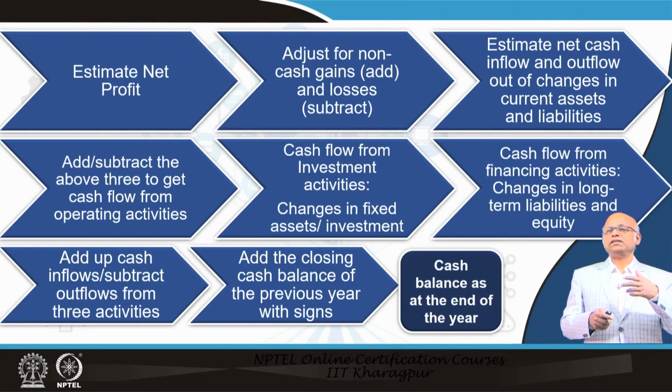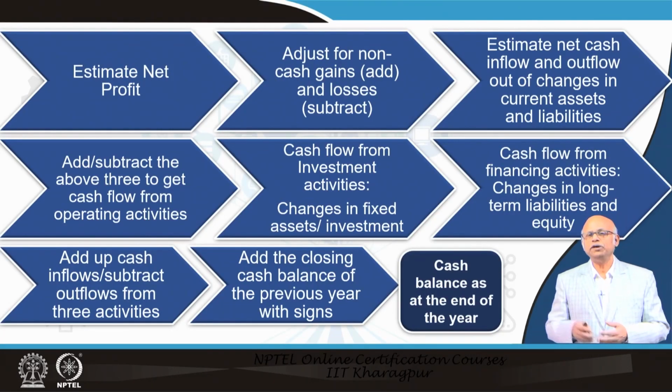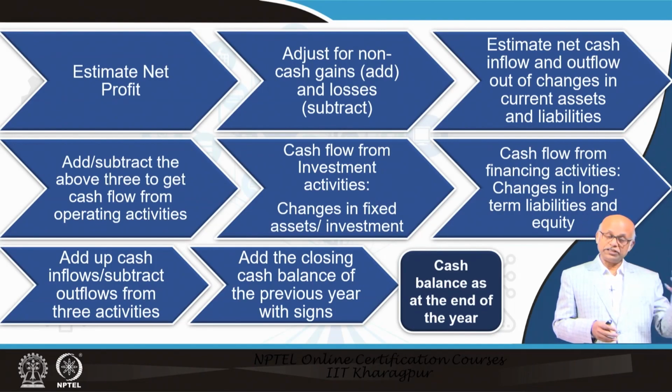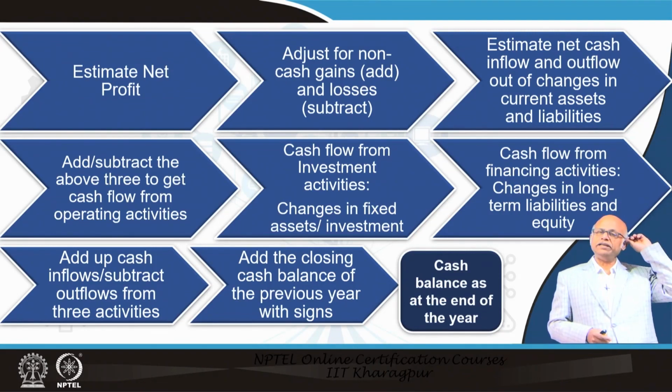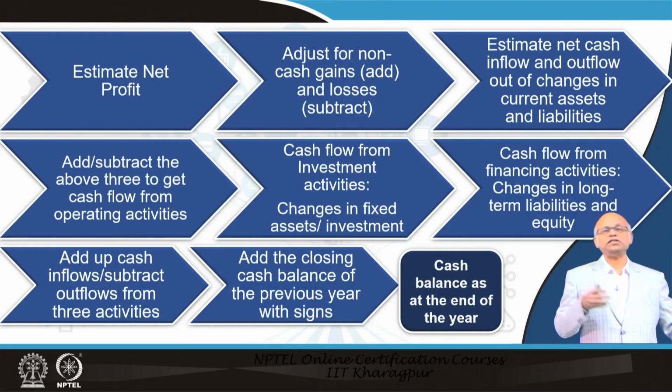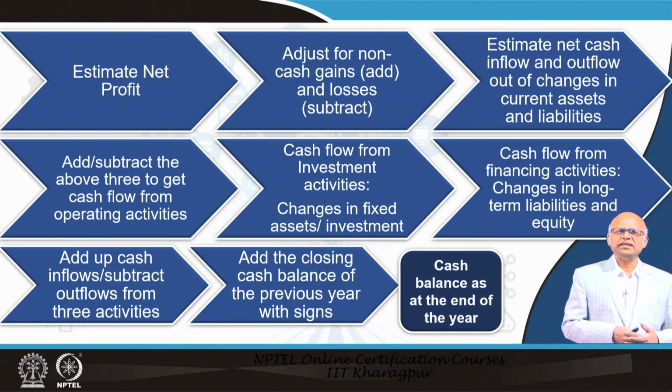So, this is the flow of information, how you estimate the cash balance. You start with net profit, you estimate the net profit, then adjust for non-cash expenses like depreciation, then estimate the net cash flow, cash inflow, outflow from change of current assets and liabilities like accounts receivable and accounts payable. Add and subtract the above to get cash flow from operating activities.